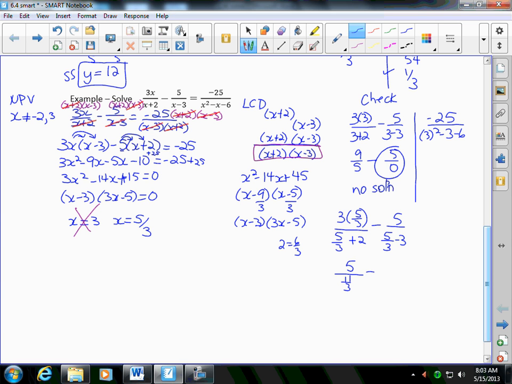Minus, I didn't put my bar there, 5 over 5/3 minus 3. So 3 with a common denominator of 3 will be 9 over 3. So I have 5/3 minus 9/3, so that's going to be a negative 4/3.